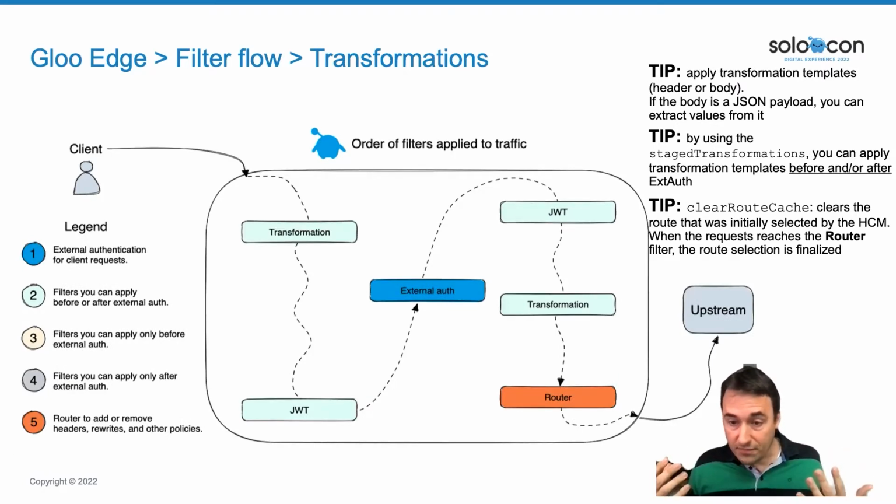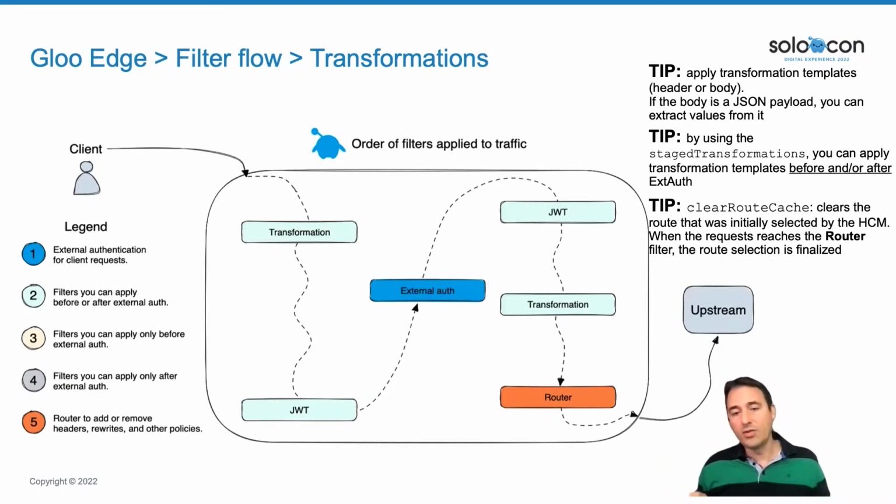The transformation filter is another one that you can use before or after the external auth. And this transformation is a very popular one that is used to transform, using templates, the body or the headers, or both the body and the headers. If you have JSON, you can read the JSON directly or this kind of thing.